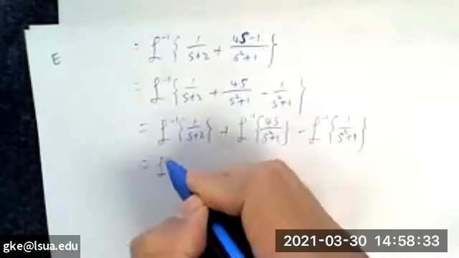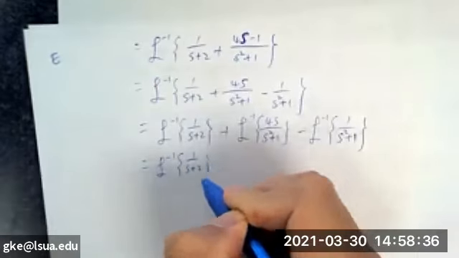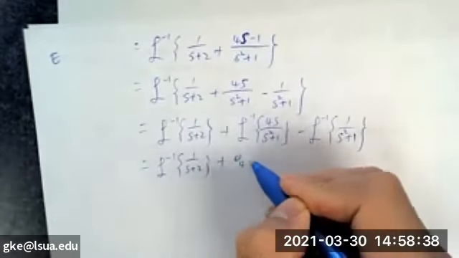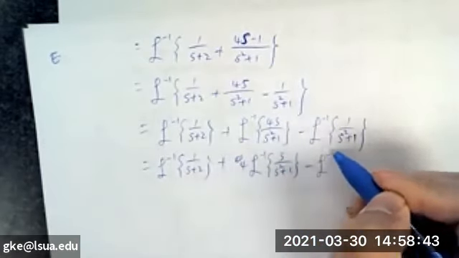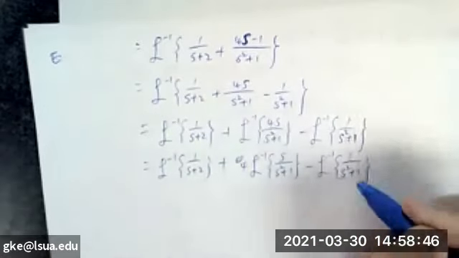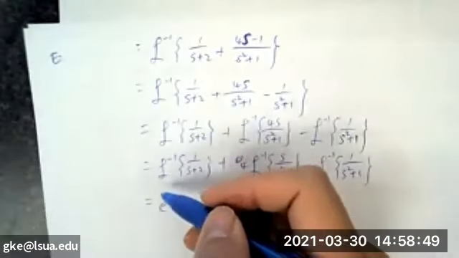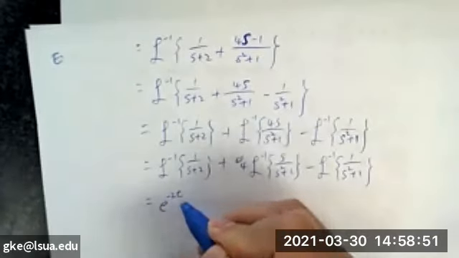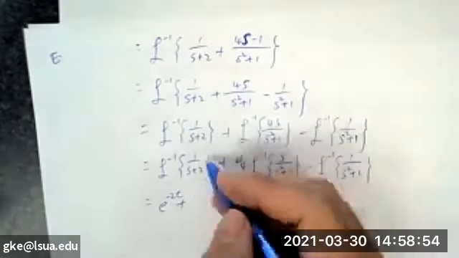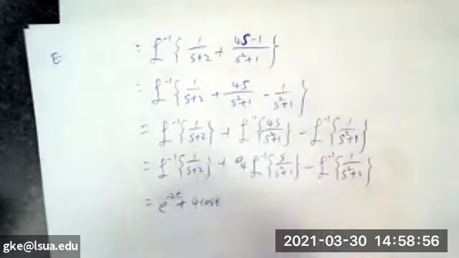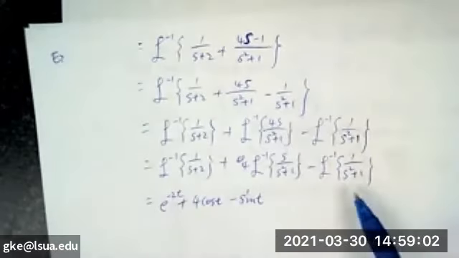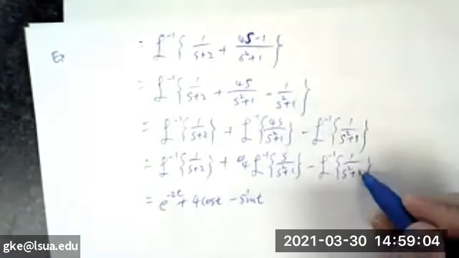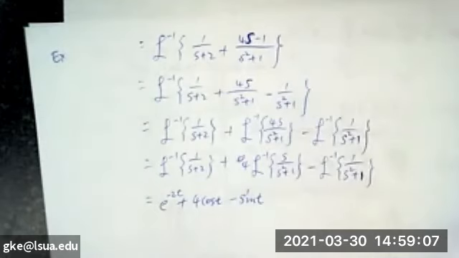So put 4 here: e to the power -2t, 4 cosine t, yes, negative sine t. Okay, because here k equals 1, right? K equals 1. That's it. That's it. I'm gonna wrap up the class.